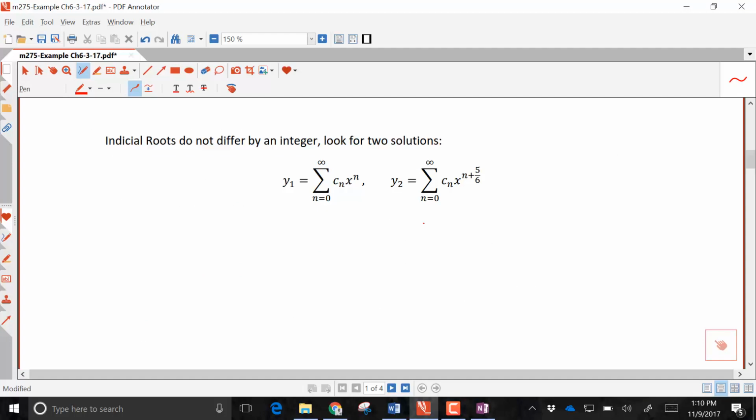And more specifically, we have a regular power series that we've been dealing with, c sub n x to the n. And then the other one's going to be slightly more complicated. C sub n actually should probably be b sub n, b sub n x raised to the n plus 5/6, the second root that we found.